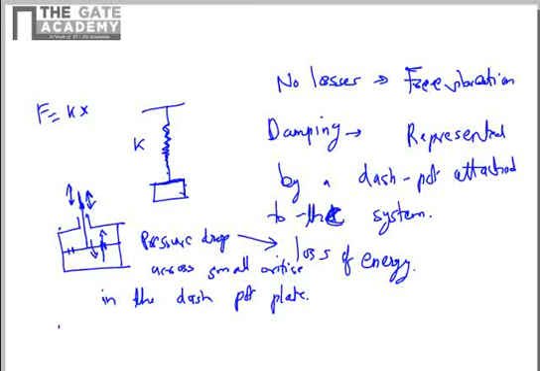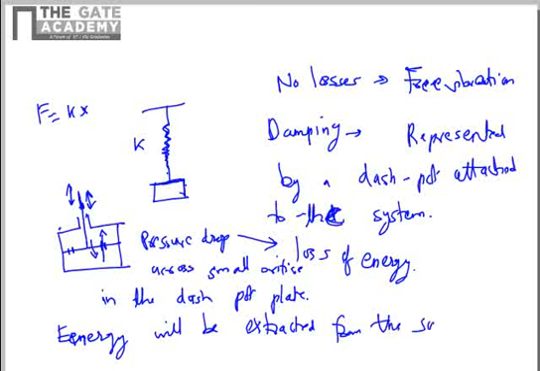So energy will be extracted from the source. Because this is an enclosed system, there is just a fluid inside this dashpot, and the fluid is moving from one side to another side when the dashpot plate is moving up and down, but there is no internal source of energy, so energy has to be extracted from the source.